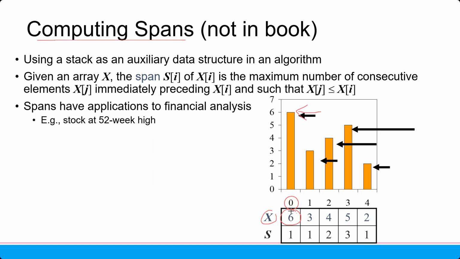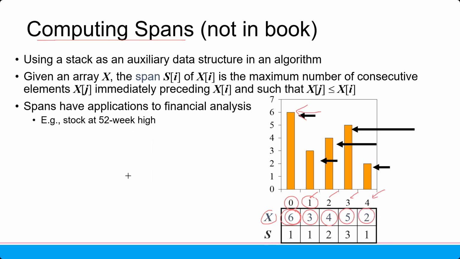Let's say now the price is 6 in the time index 0. In the time index 1, the price becomes 3. In the time index 2, the price becomes 4. In the time index 3, the price becomes 5. And then in the time index 4, the price becomes 2.